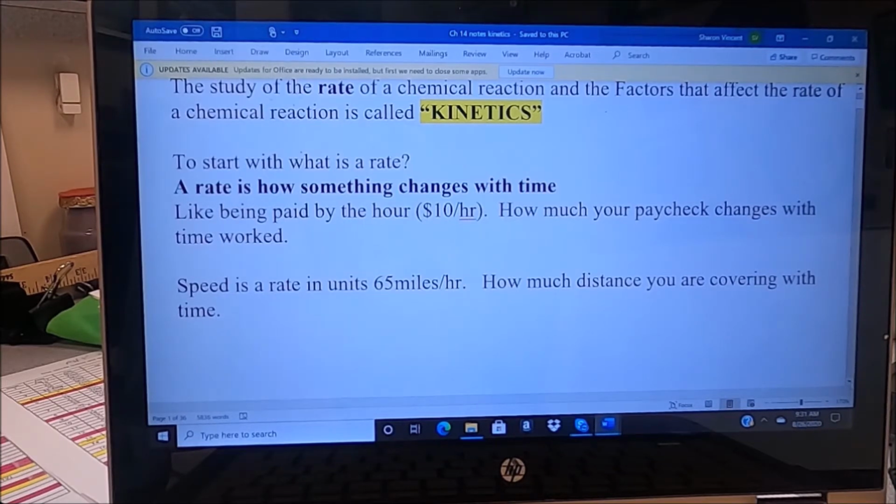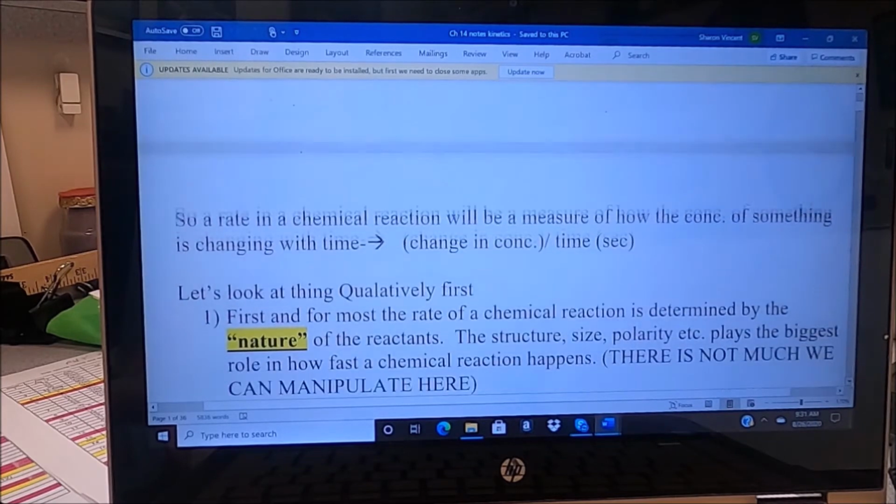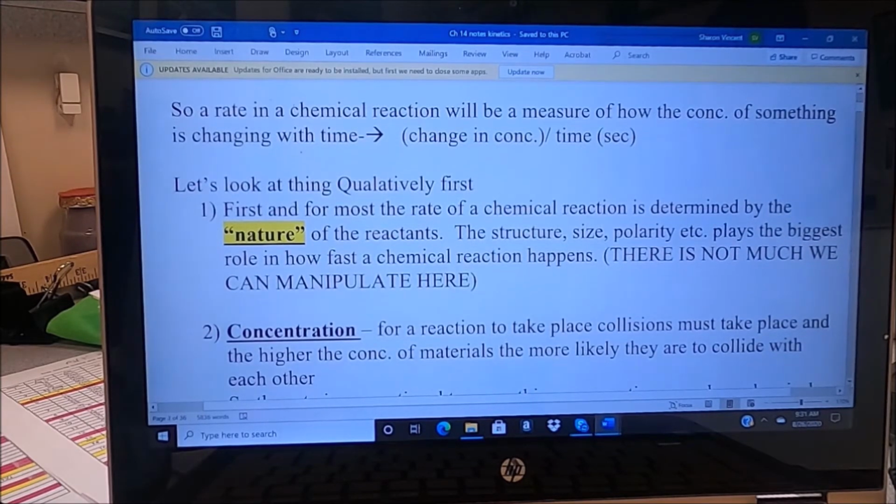Or if you were paid, let's say, $10 an hour to babysit, that's the rate of money earned per unit time. In chemical reactions, we're going to be interested in how concentration is changing with time. So we're going to look at change in concentration with time.